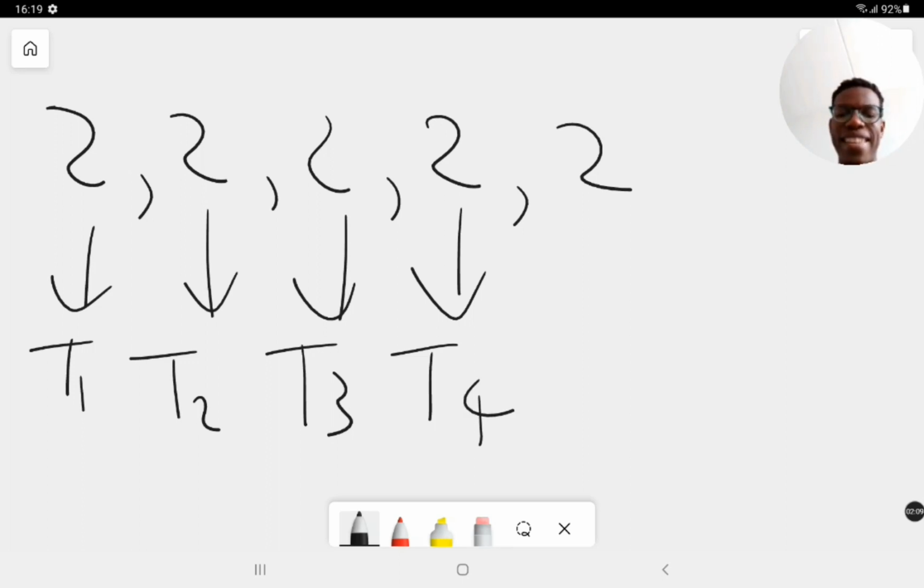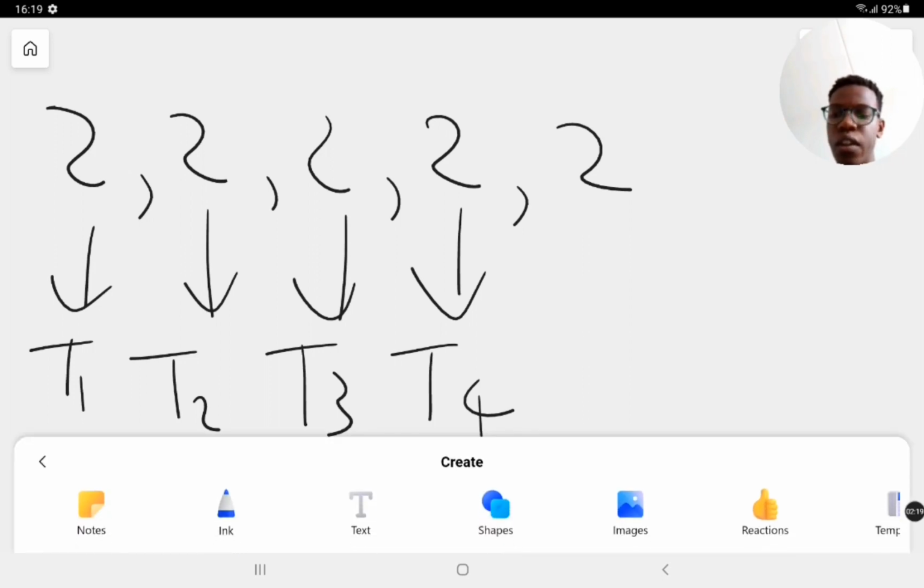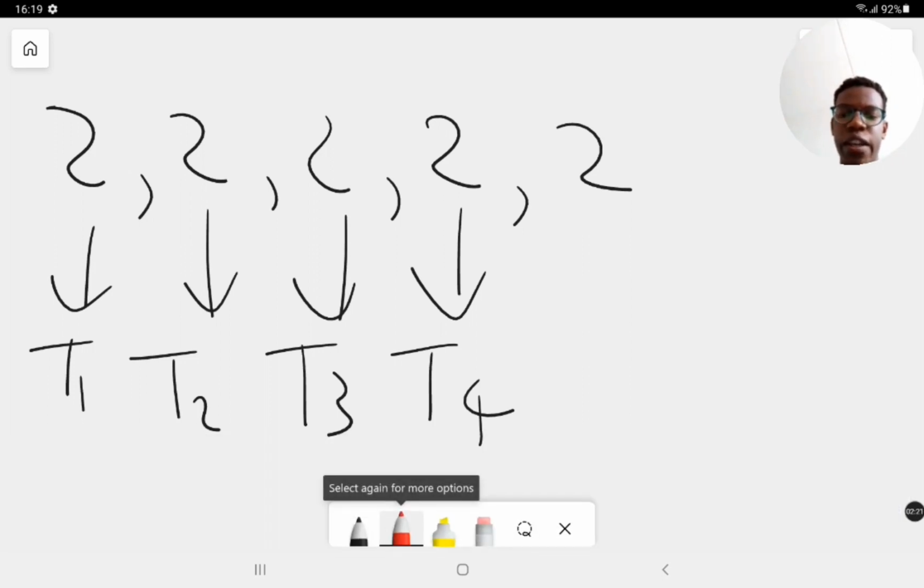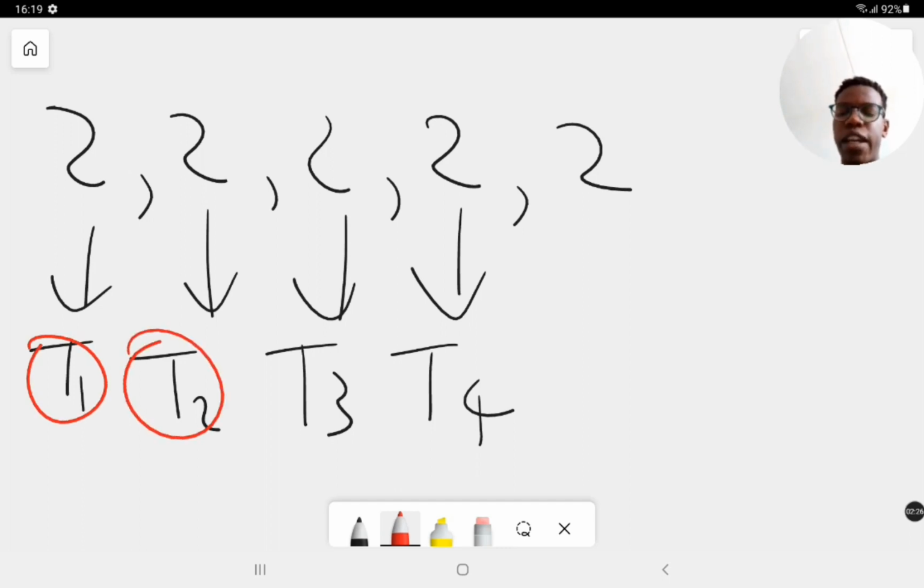Now, what makes this arithmetic? Why do we call it an arithmetic sequence? Well, we call it an arithmetic sequence because when you take the first term and subtract it from the second term, you get a certain answer that we call a difference.